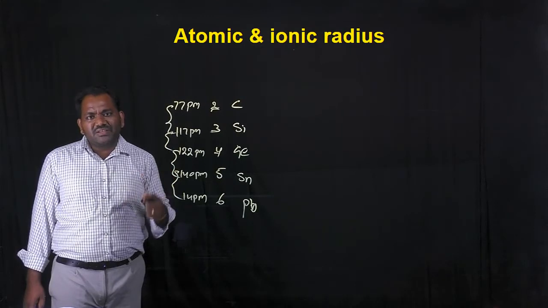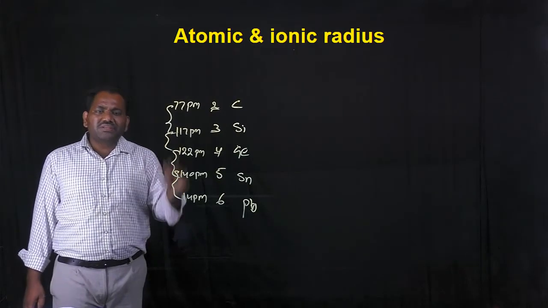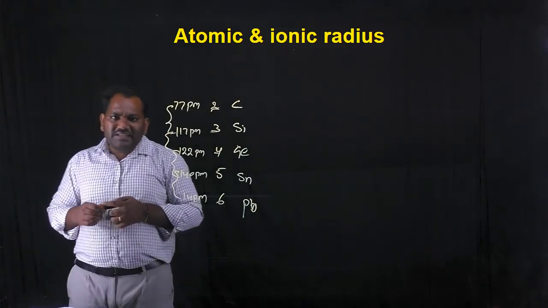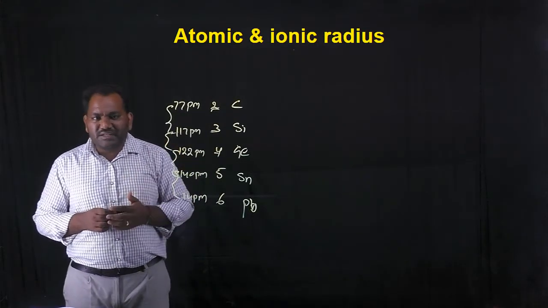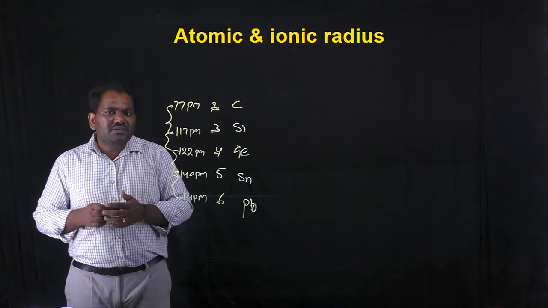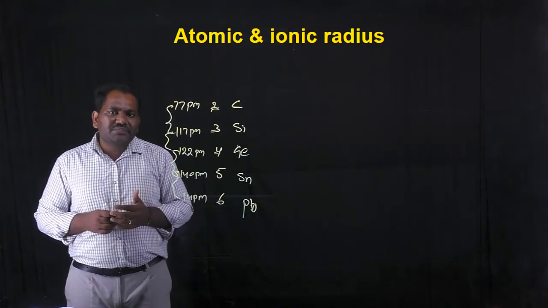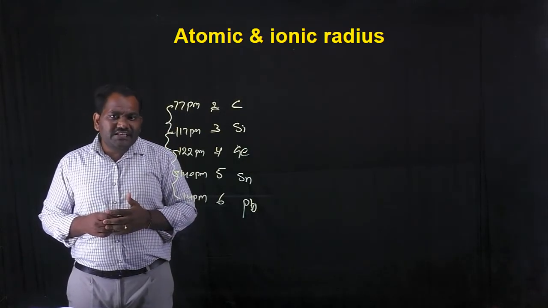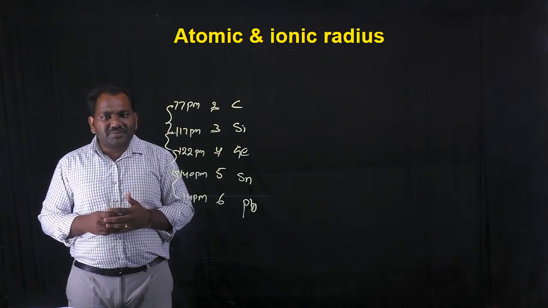Due to that peculiar shape, the electrons in the f orbital do not show much shielding. Shielding means the inner orbit electrons decrease the nuclear attraction on the outer orbit electrons. If the electrons do not exhibit much shielding, that is called the poor shielding effect. Due to that poor shielding effect, the electrons in the outermost orbit are strongly attracted by the nucleus.